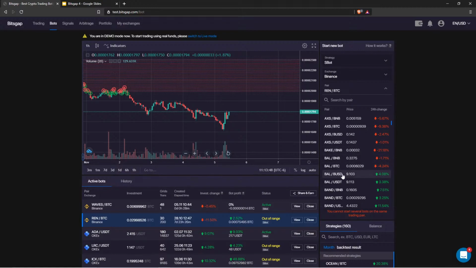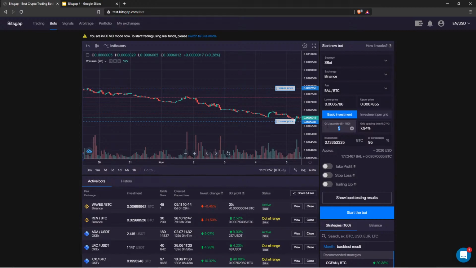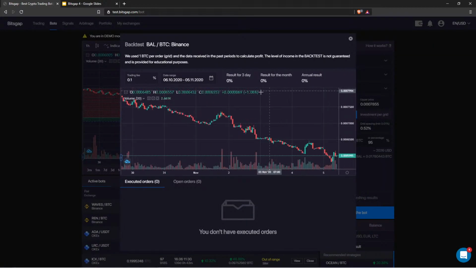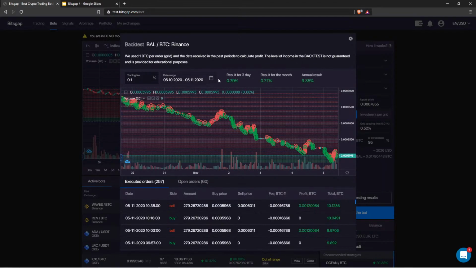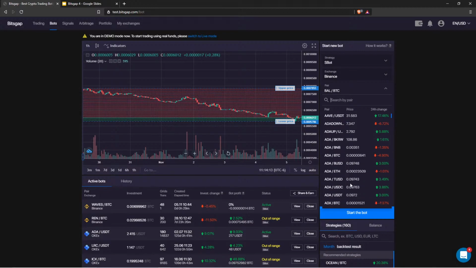Let's take BAL trading to BTC, and let's backtest it with 60 grid levels. Show backtesting. So for the period of 30 days, it has managed to generate only 0.79%. That's not something that we are looking for, because we saw better examples. So you will most likely not stick to BAL trading to BTC, and you will look for another one.